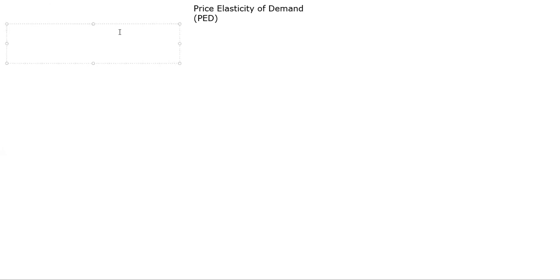So first of all, let's define PED. But I've always found that the definition of PED is easier to remember if you remember it from the formula. So if you just remember the formula, which is important because with elasticities, whenever you get an 8-mark question asking something relevant to them, alongside the definition, always do put the formula.